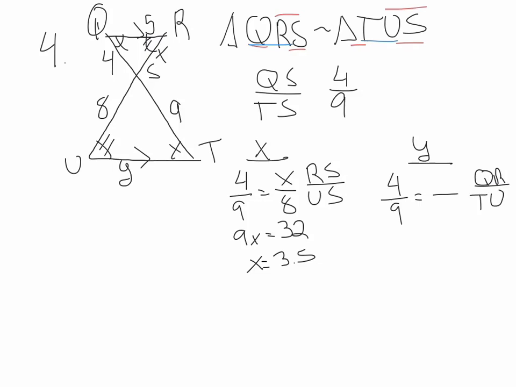QR is 5, TU is y. So I'll cross multiply, and 4y equals 45, and y equals 11.25.